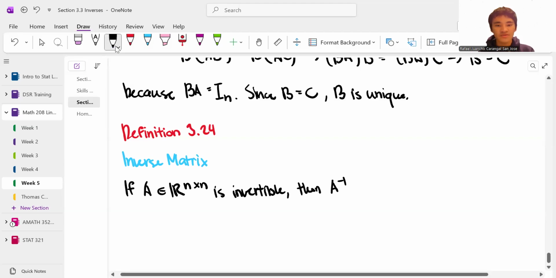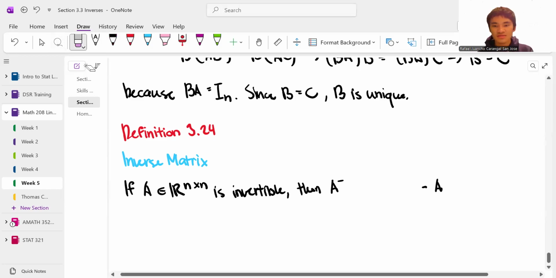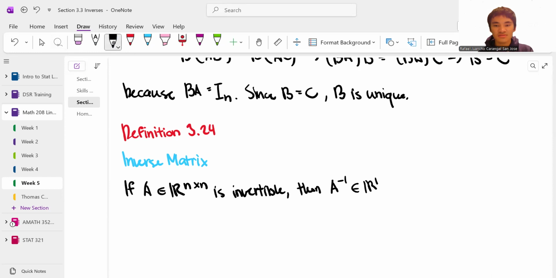A to the power of -1 is the inverse of A. Oh, I forgot to say. Based off of the definitions we have, this is also an n by n.